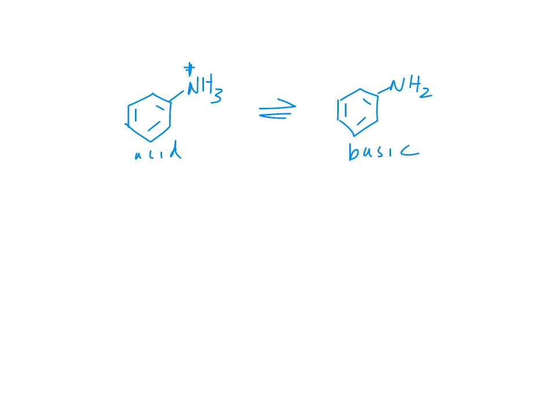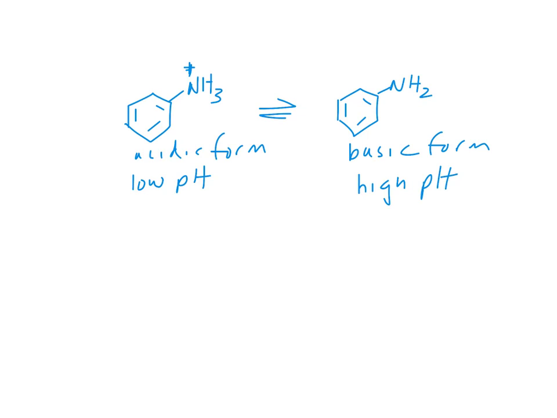All right, so which one of these species would we have at a low pH? Yeah, the acidic one, right? So this is what we have at low pH. This is our acidic form. The basic form we have at high pH.